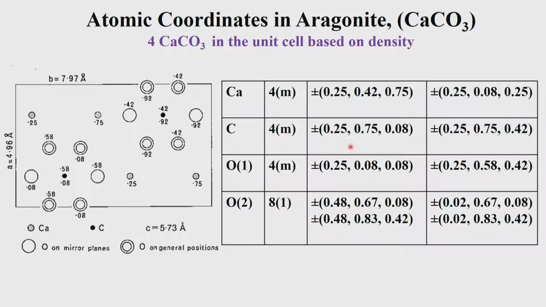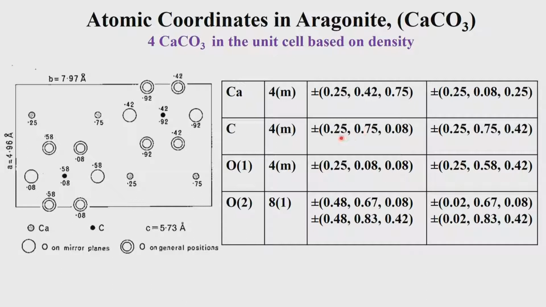The carbon positions now sit at plus minus 0.25, the same mirror. So, we know that there is a mirror perpendicular to the A direction. There is a C glide which is perpendicular to the B direction, and N glide is coming up with respect to the C direction.